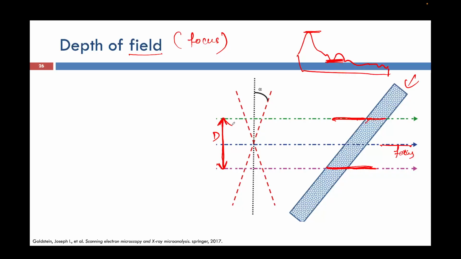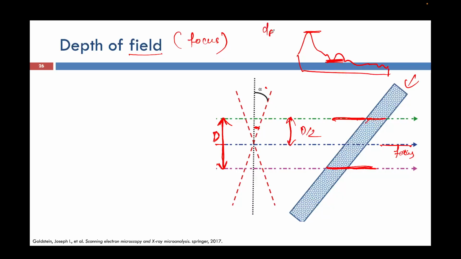That is what my depth of field is based on: my spot size, or my convergence angle, right? So if I am talking about this depth of field, this is D I am taking, that means this will be D by 2, and this is alpha. This is alpha, means this is also alpha, right? And if this is alpha, then the minimum beam radius, or the beam size, the spot size, will be given by dp, right?